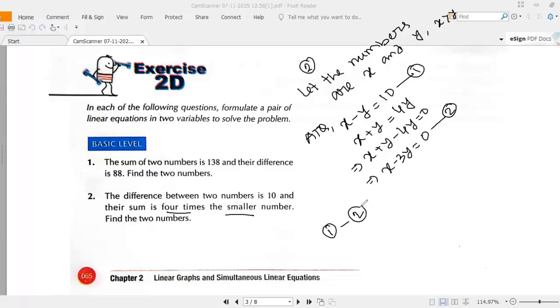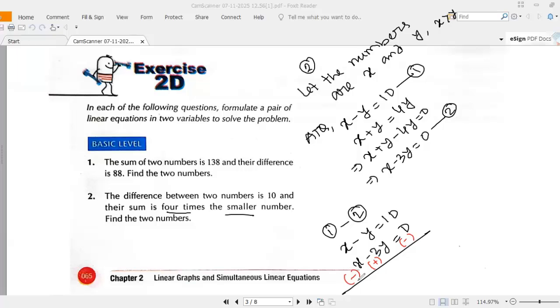Now, if we subtract equation number 2 from equation number 1, then we can eliminate the value of x. Look, x minus y equal to 10 and x minus 3y equal to 0. When we subtract, the sign of the second equation will be changed.